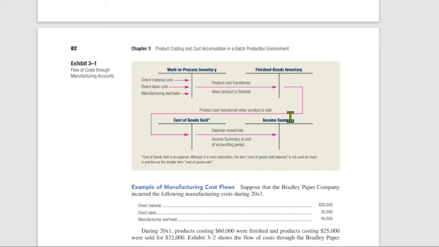Although it is more descriptive, the term cost of goods sold expense is not used as much in practice as a simpler term, cost of goods sold. So wala kang masyadong makikita cost of goods sold expense because we simplify. Kasi when we say cost of goods sold, it already means it is a cost or an expense of the items sold.